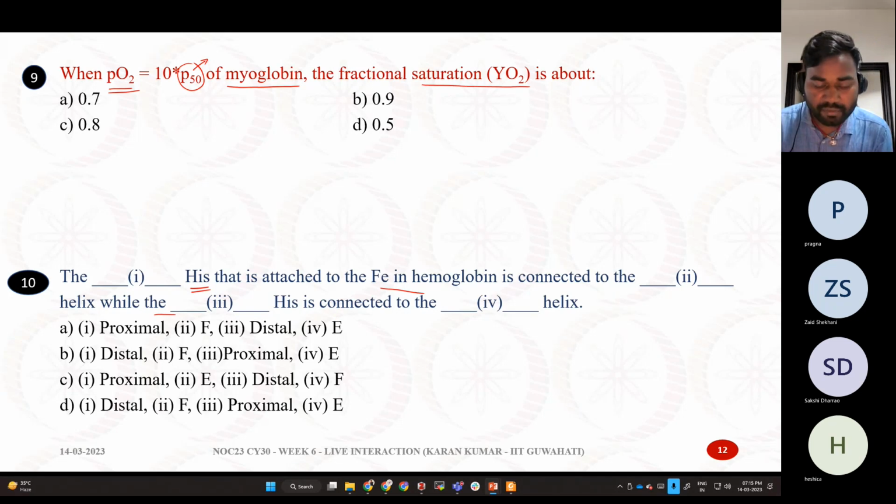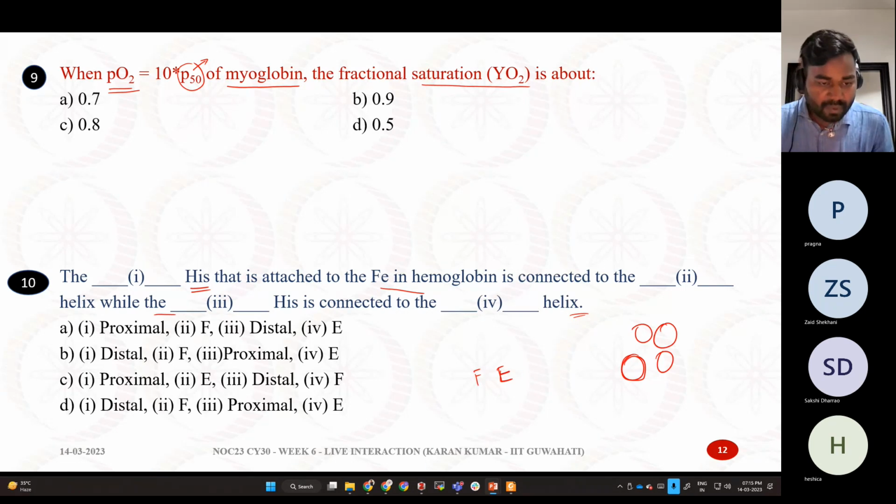If you have studied the structure of hemoglobin, there are four different subunits in hemoglobin, right? If you are focusing on one subunit, it has a heme group, and in that one subunit there will be different helices. These are classified as helices.